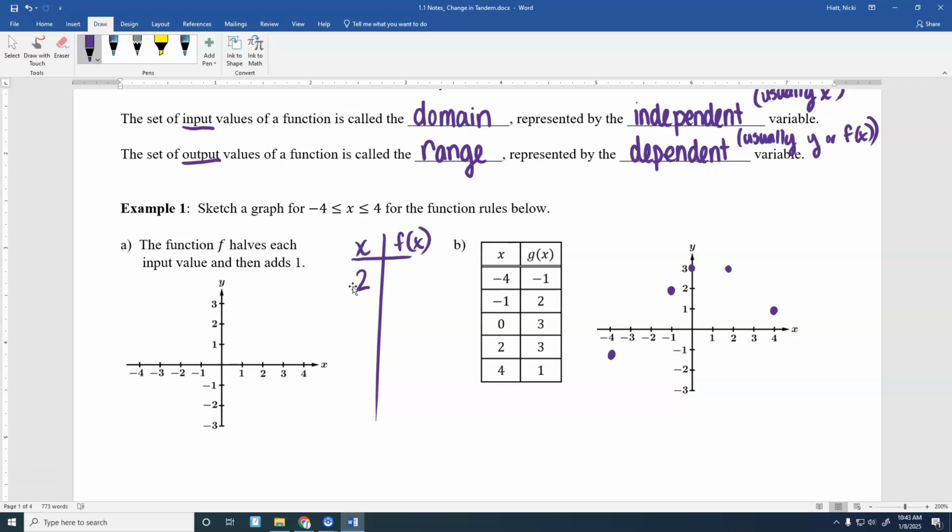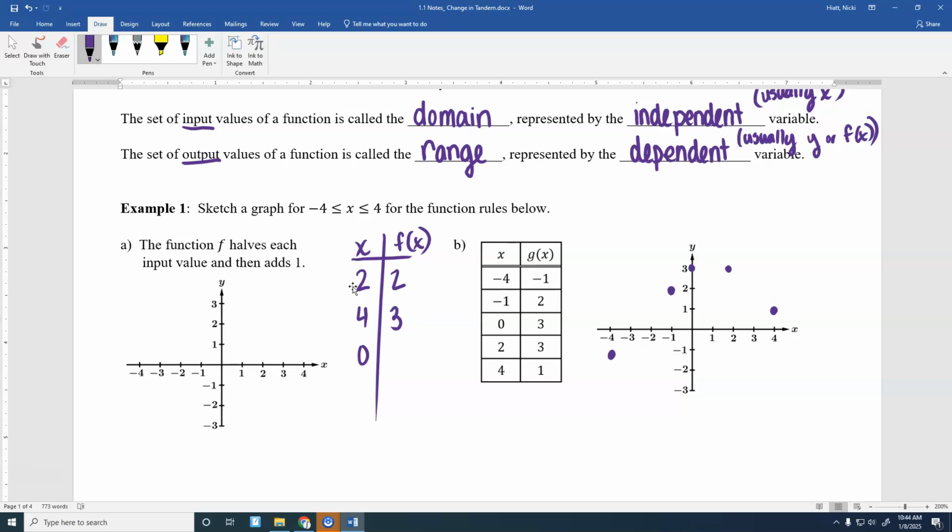So I take half of 2, which is 1, and I add 1, so I'll get 2. If I do like 4, notice I'm picking even numbers, so I don't have to take half of an odd number. Half of 4 is 2. I'm adding 1. That'll give me 3. Maybe try 0.